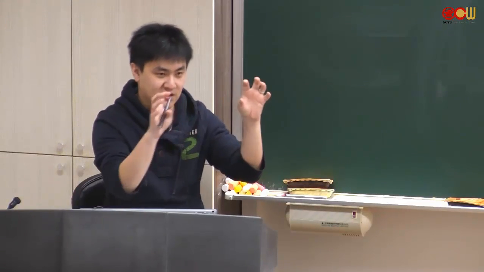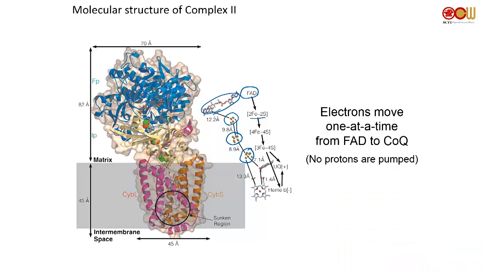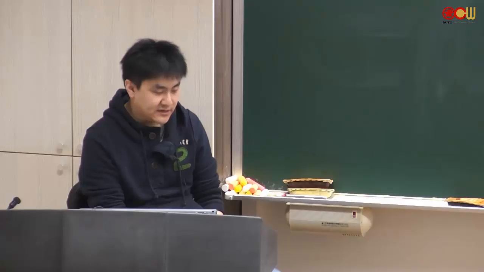Each cannot be too far apart, because if they're too far apart, you cannot do electron passing. They're about 10 angstroms, close to 1 nanometer, which is the distance at which you can do a chemical reaction. Eventually, it also ends up in Q. So complex 2 also passes electrons from FAD to Q.